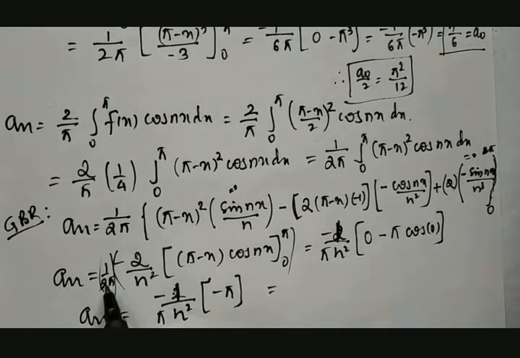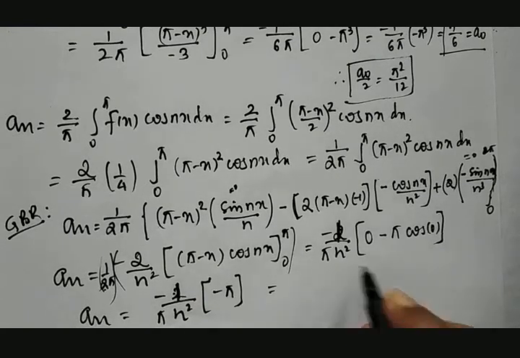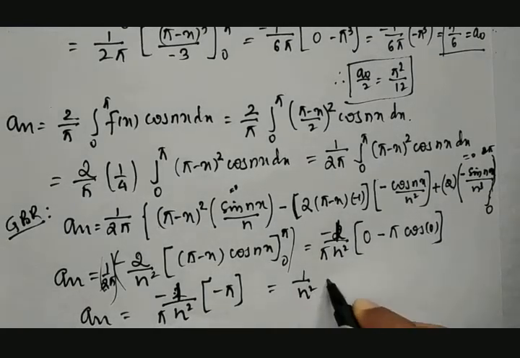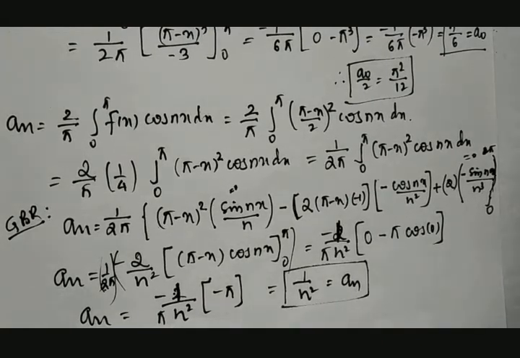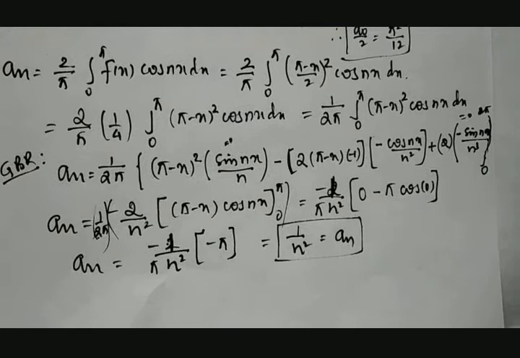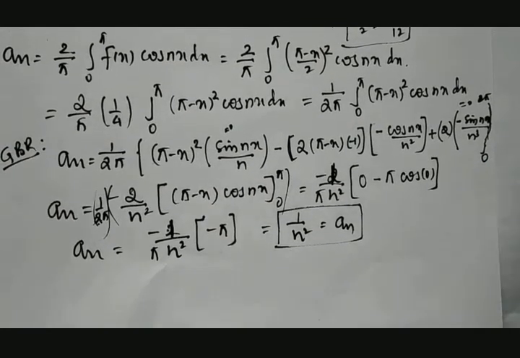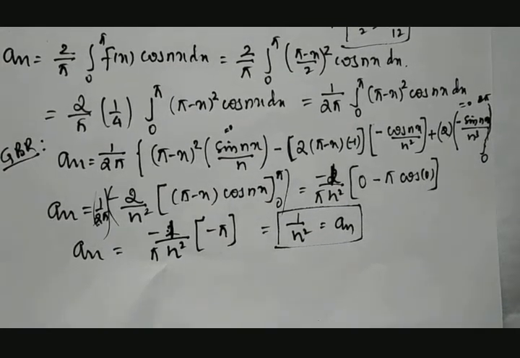Since 2 gets cancelled, it is 1 divided by pi. Now pi will get cancelled, then minus of minus will be 1 plus 1. So it is 1 divided by n square. This is an. So we got the value of a0 and an, and bn is already 0.